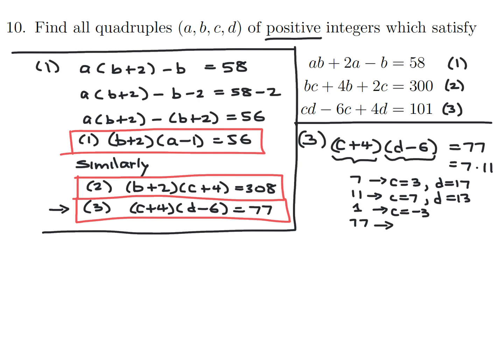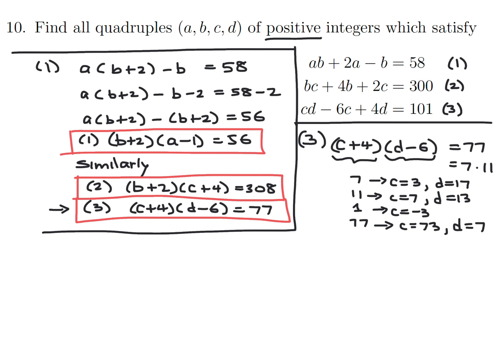And if c plus 4 is 77, then c is 73, and d minus 6 would be 1, and therefore d would be 7.